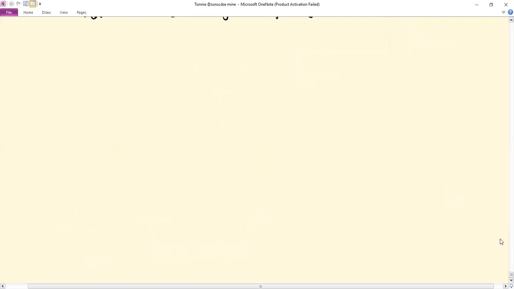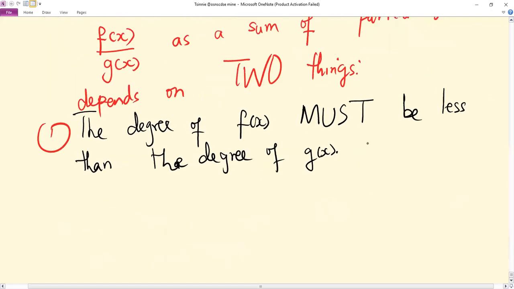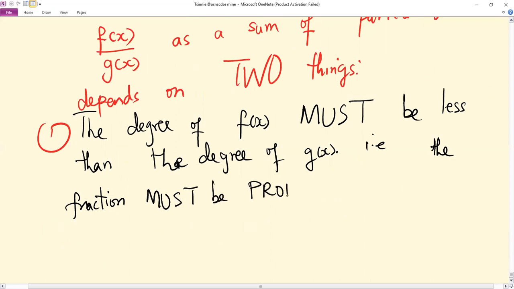This is to say, i.e., the fraction must be proper. So in terms of functions, the fraction f over g will be proper if and only if the degree of f of x is strictly less than the degree of the denominator, g of x.